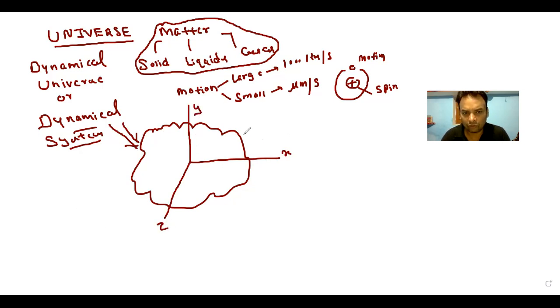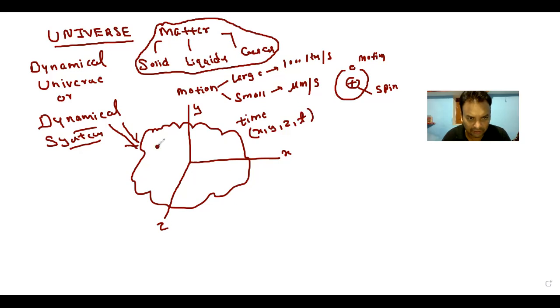And one more coordinate I take is time. So here I have 4 coordinates: x, y, z, and time. With the help of these coordinates, x, y, z, and t, I can locate any star or any planet.